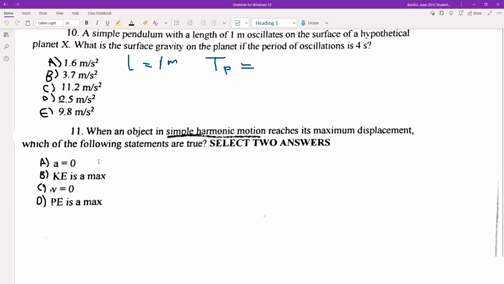And so we're trying to find what G is. So we use the equation that we know, and we would plug in 4 for the period, and then 2 pi times square root of L, which is 1, divided by G. Using your algebra skills, then you would find out that it is 2.5 meters per second squared.